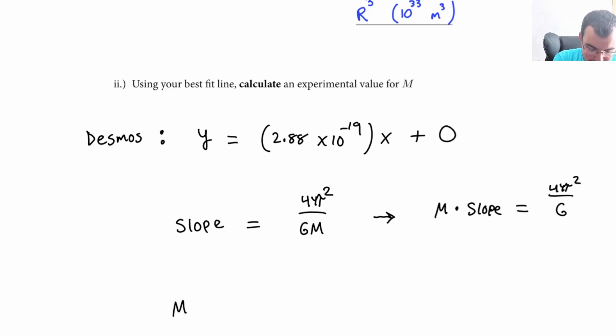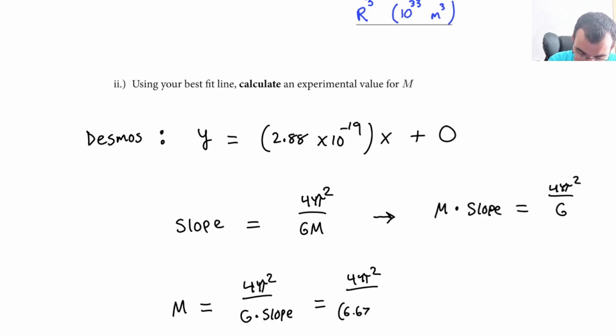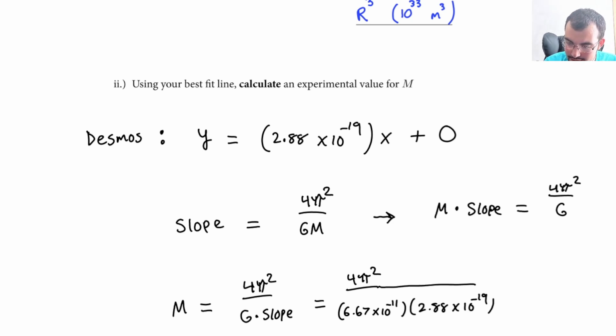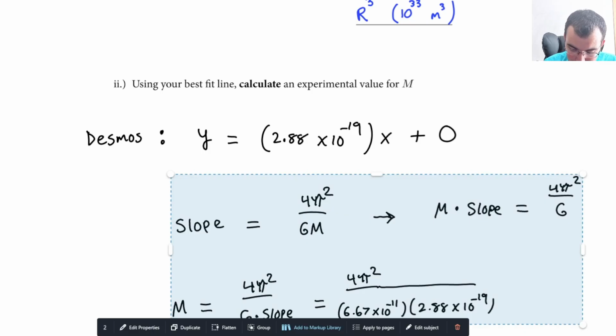So the mass of the sun is equal to 4 pi squared over G times slope, which is 4 pi squared divided by big G divided by the slope. We see we're going to get a very large answer, right? Because we're dividing by 10 to the negative 11th times 10 to the negative 19th.